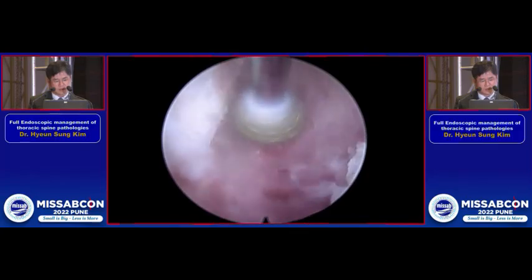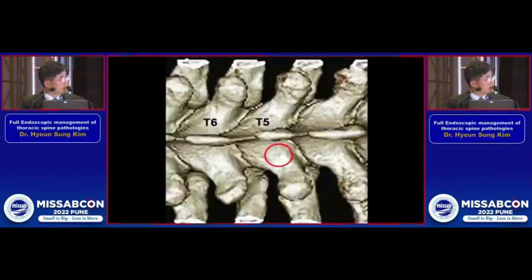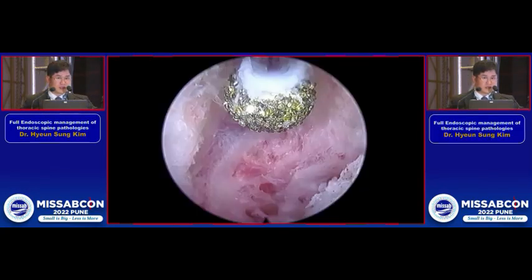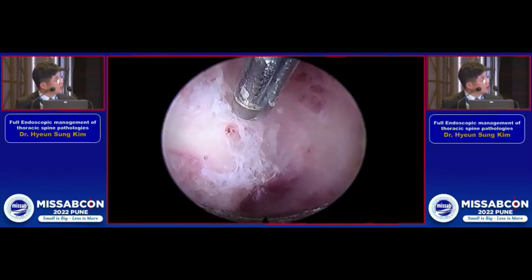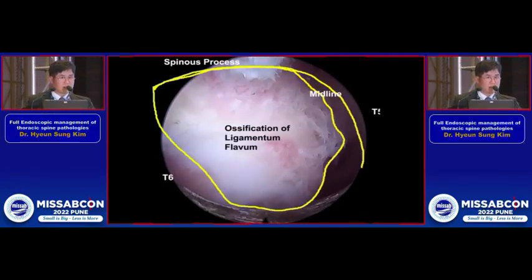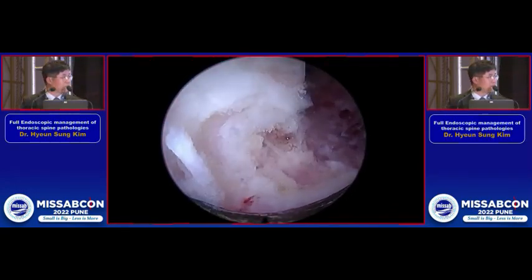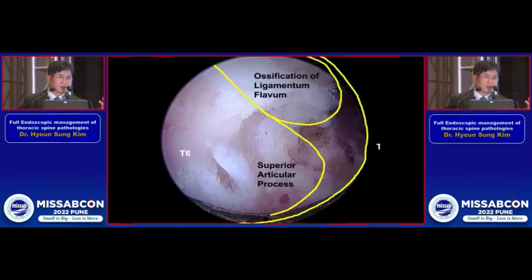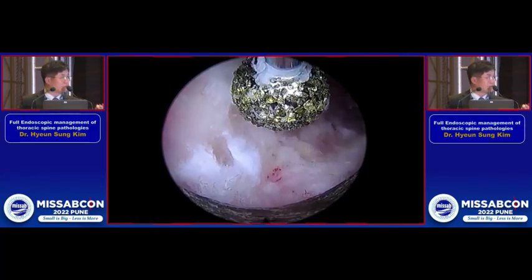The most important tip of the resection of the ossified ligament problem is exposure of the cranial tip of the ossified ligament problem, and also sometimes separating the middle portion of the ossified ligament problem can safely remove the ipsilateral and contralateral calcified segment.